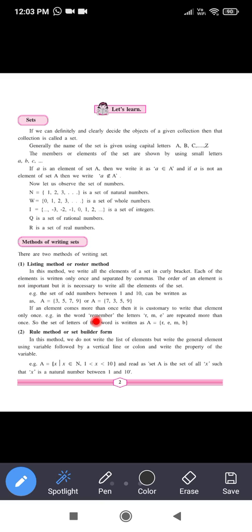If an element comes more than once, it is customary to write the element only once. Example: in the word remember, the letters R, M, E are repeated more than once.